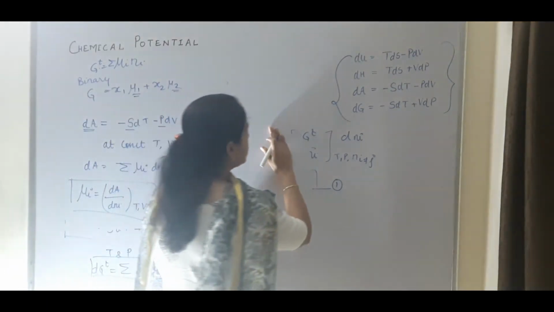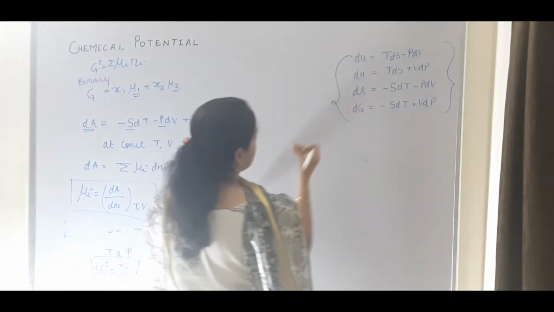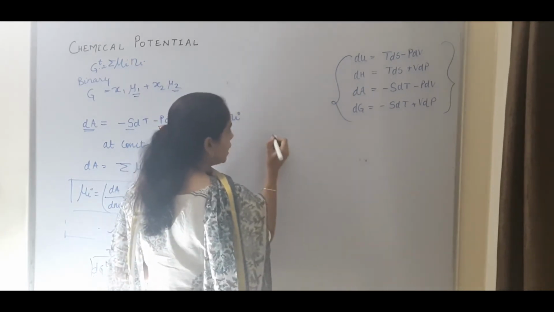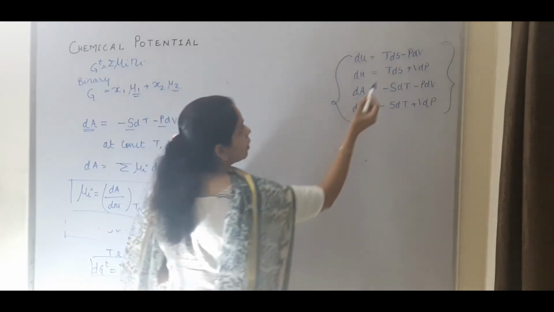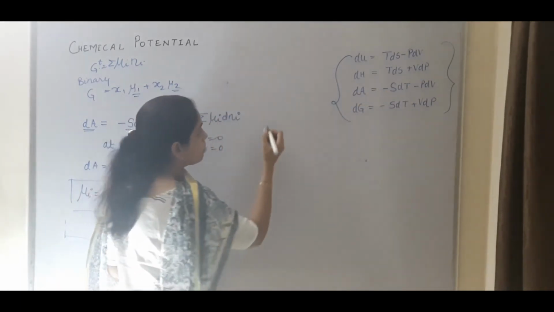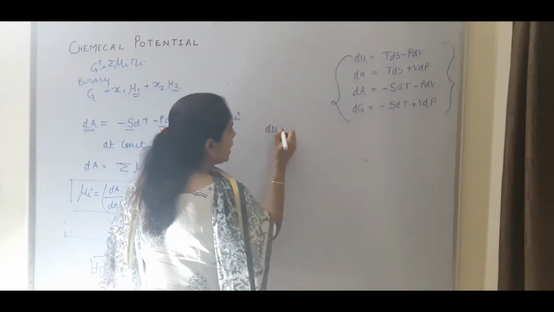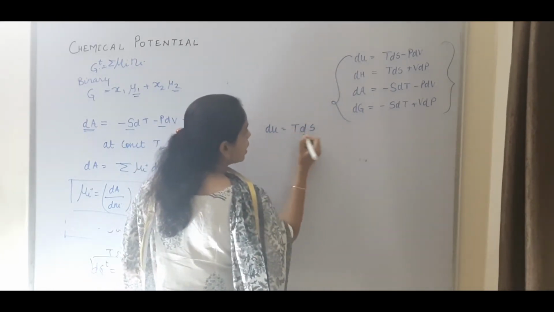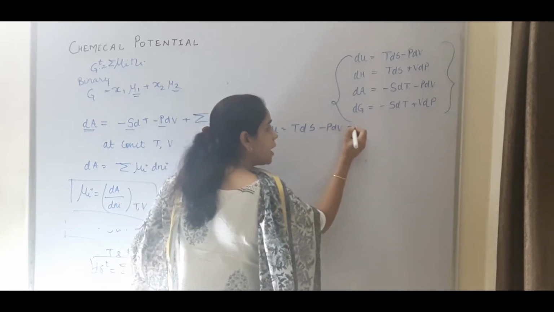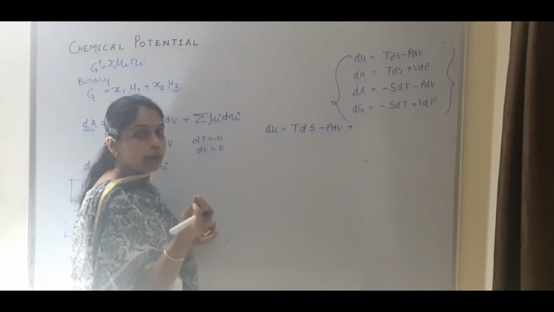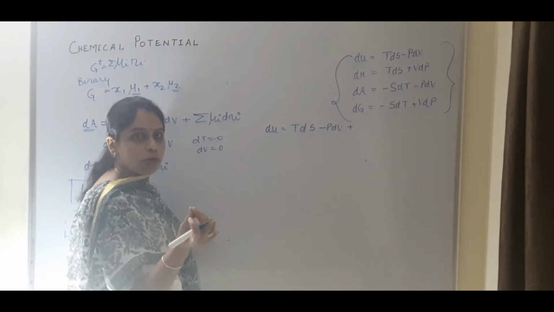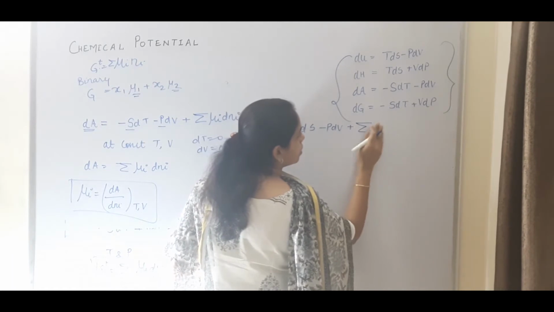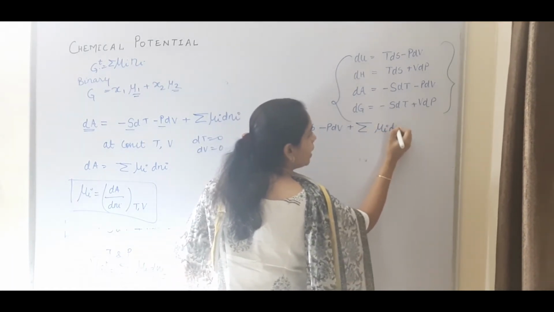So this is another form of chemical potential. You can also write it in terms of internal energy or H. We know that the internal energy is a function of entropy and volume, right? So directly I can write from the fundamental thermodynamic properties that dU equals T dS minus P dV. Here again we add the summation of mu i dn i, because we are talking about chemical potential, which means the number of moles has to change.